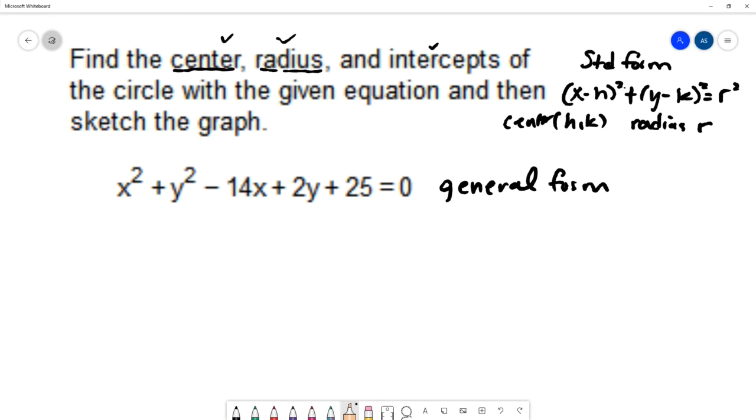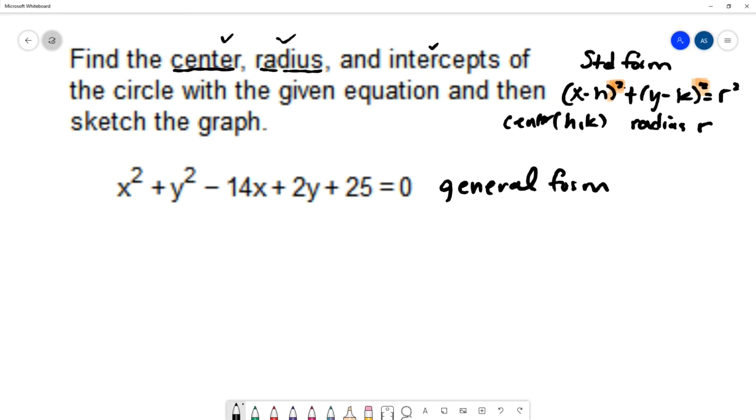So what we're going to do is we're going to use a technique called completing the square. This square part of our standard form is essential to have it in standard form. So completing the square, this process, will give us these perfect squares in our equation.